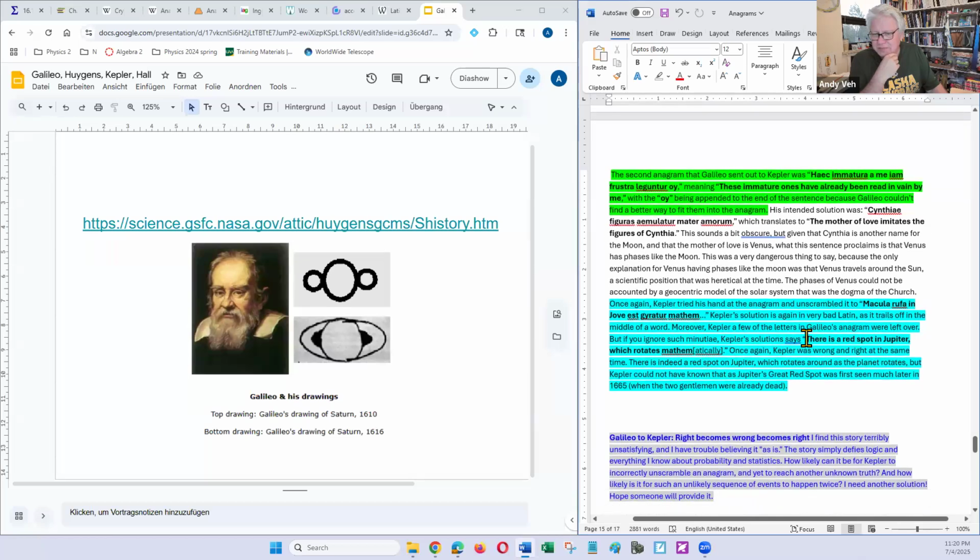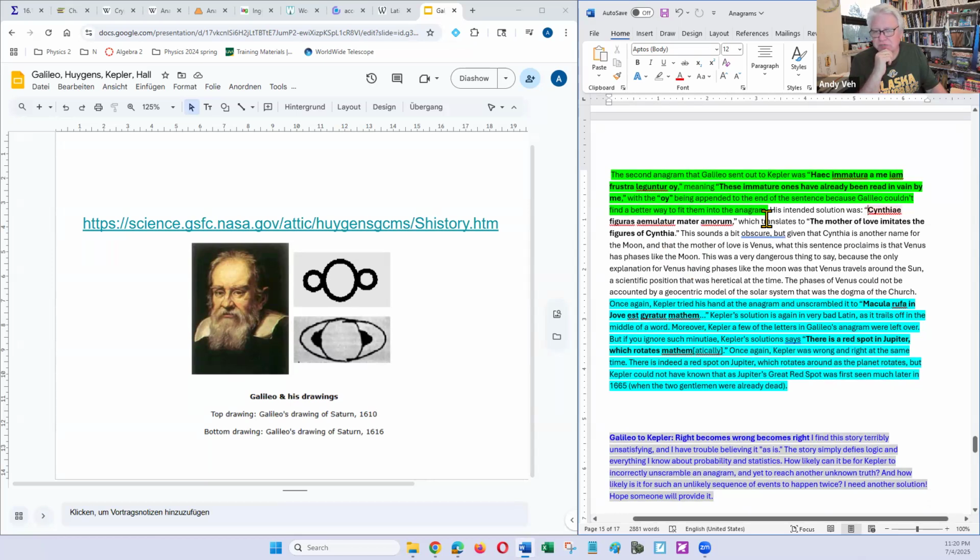And this is how it translates into English: there's a red spot in Jupiter which rotates mathematically, but he couldn't do the whole thing with math here. It was wrong anyway. Jupiter does have a red spot, but again, the telescope wasn't good enough. It was actually discovered around 50 years after both of them had died, around 1670 or so. So he interpreted it incorrectly.